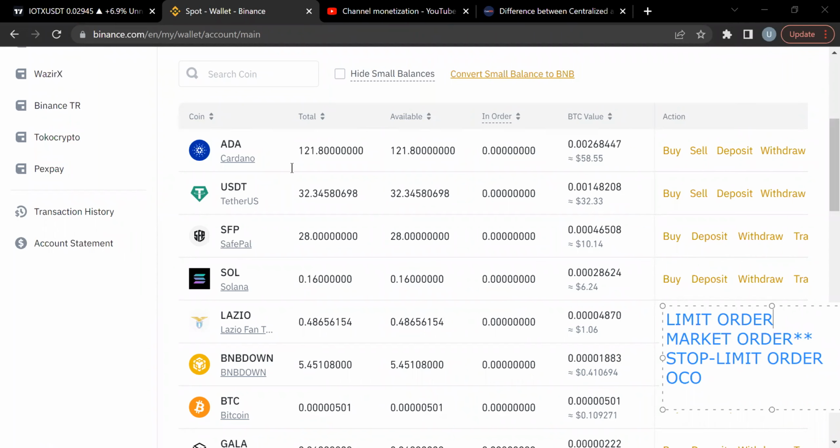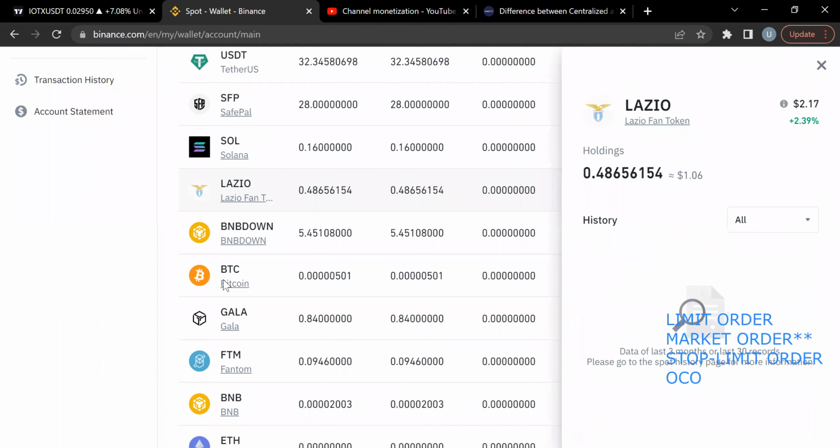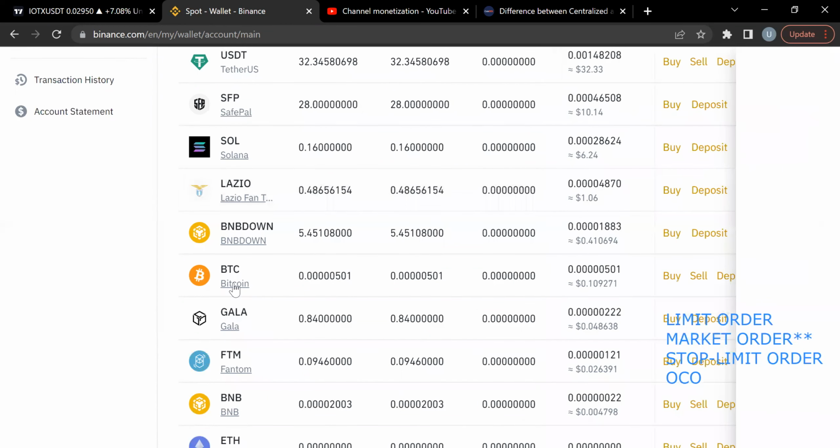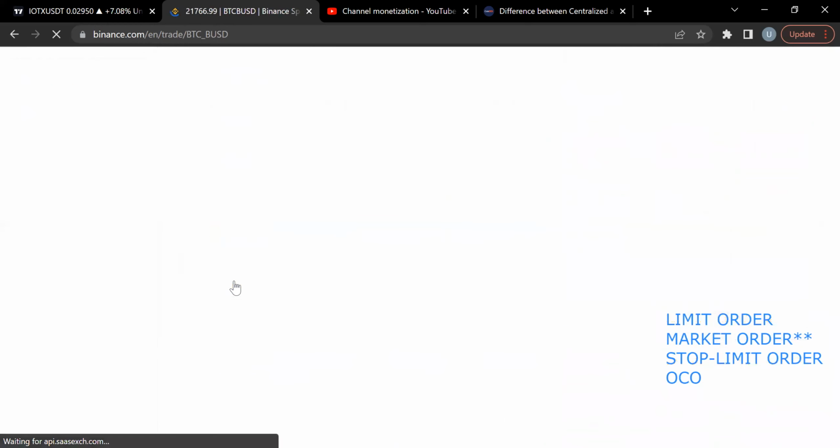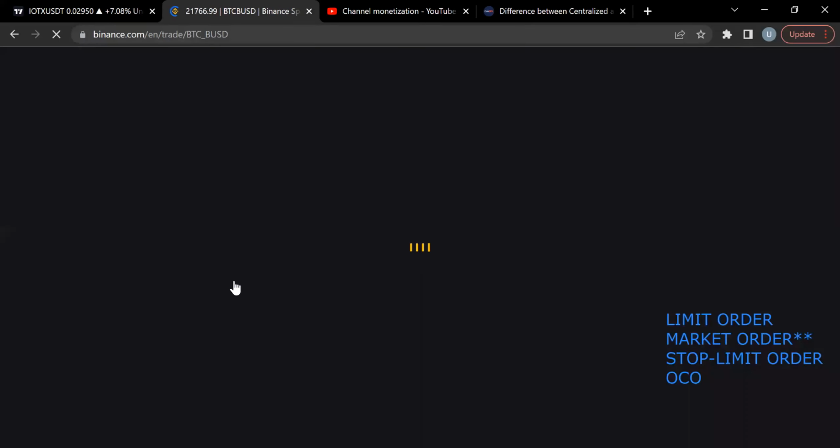Now let's go back to that buying interface again. There are a lot of ways you can use to get there. Just tap on Bitcoin here. So it's going to take me to that buying and selling interface straight.